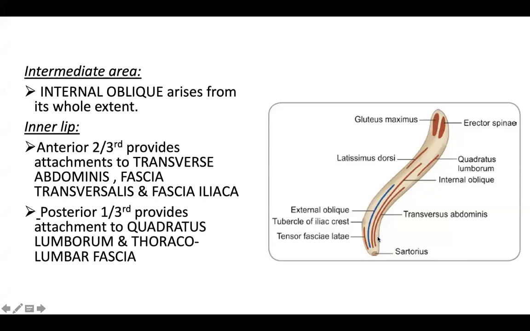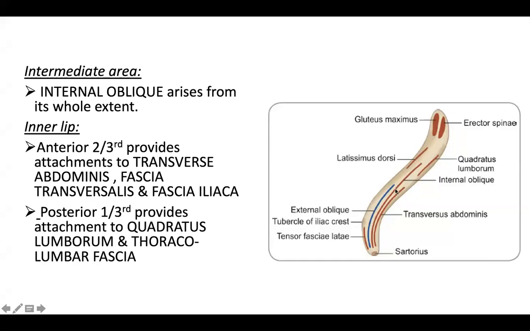Okay, so along the outer lip, you have a fascia which is called fascia lata. Along the inner lip, we have three fascias attached. Anteriorly, it is attached to the fascia transversalis and fascia iliaca. Posteriorly, it is giving attachment to the thoracolumbar fascia.